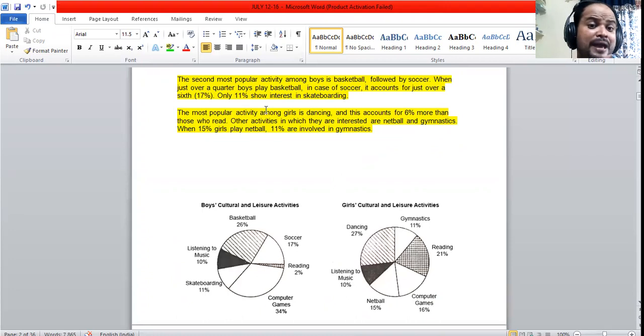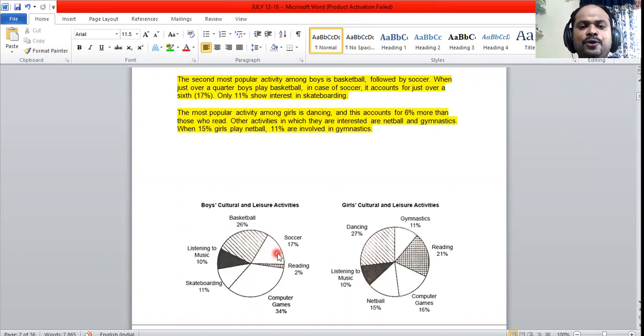The most popular activity among boys is computer games. The second most popular activity is basketball, followed by soccer.